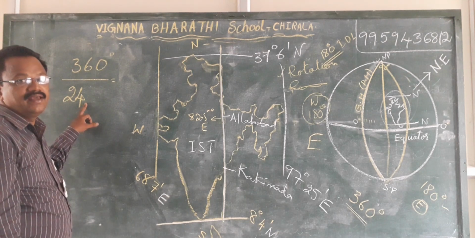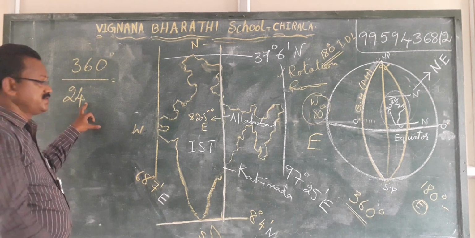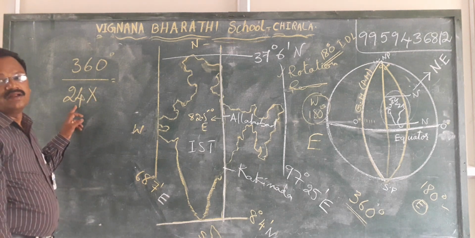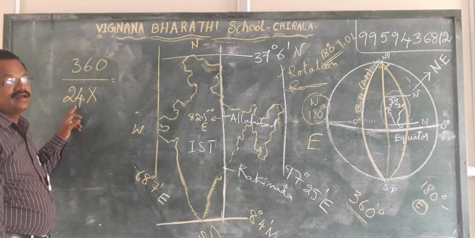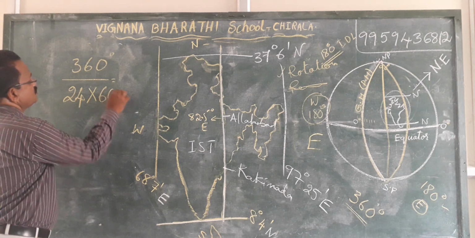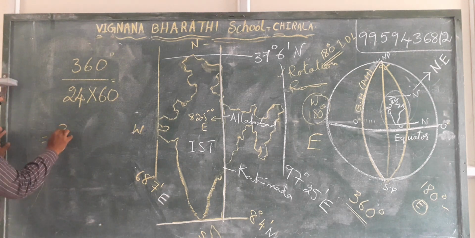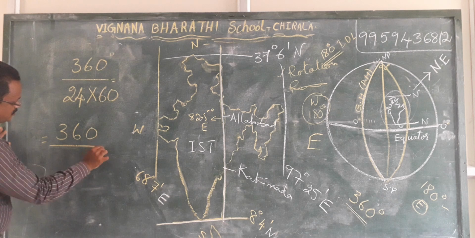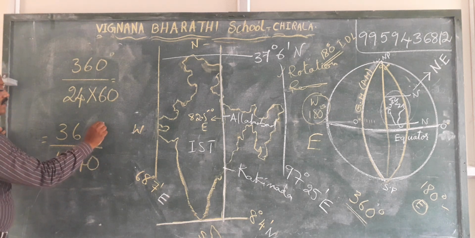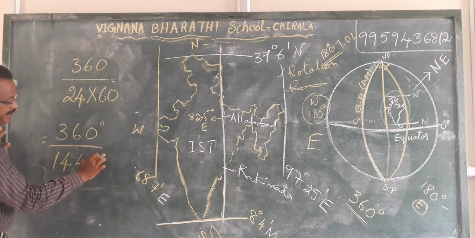The whole day we are going to change into the form of minutes. That is for each hour number of minutes. How many minutes are there for each hour? 60. So 24 into 60, that is 1440 minutes.